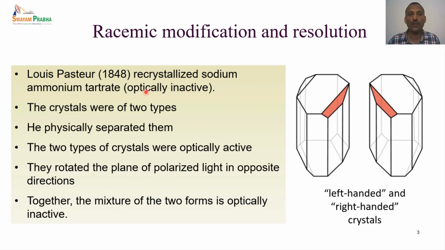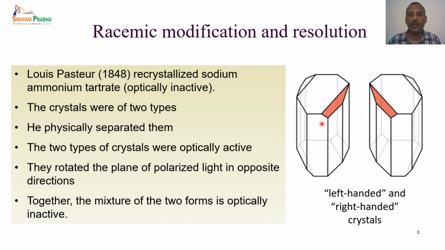The sodium ammonium tartrate obtained was optically inactive. Using the microscope, he identified there were two types of crystals, and he painstakingly isolated the left-handed crystals and the right-handed crystals separately.